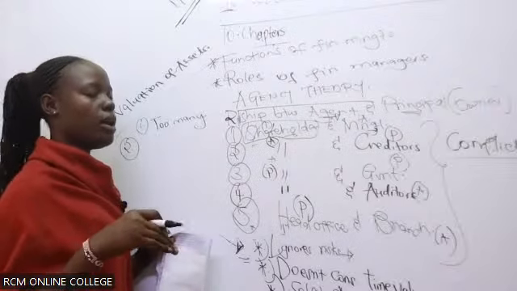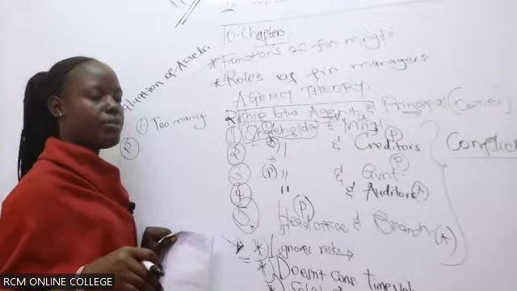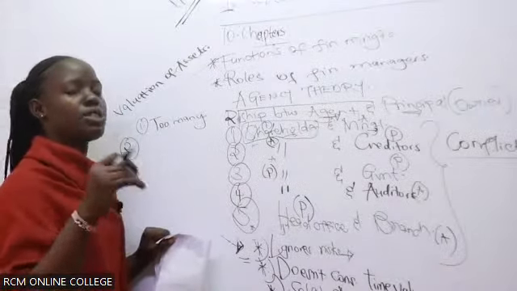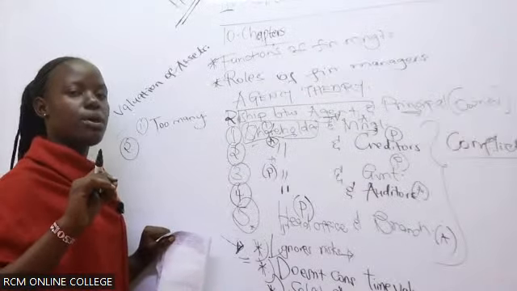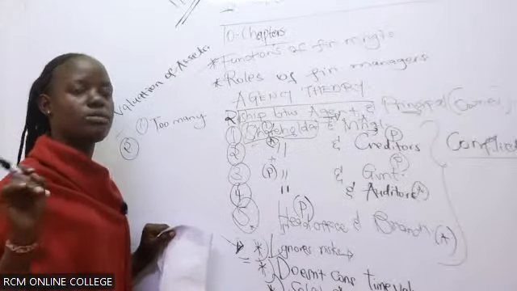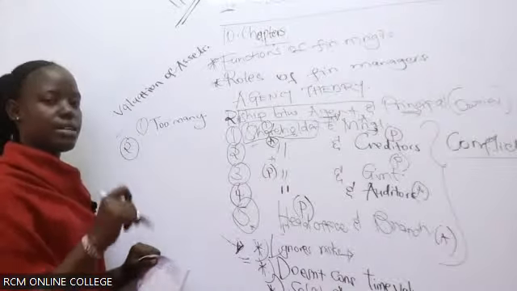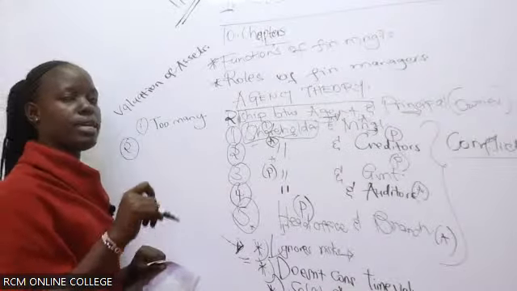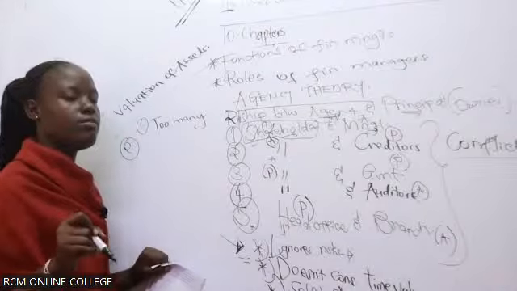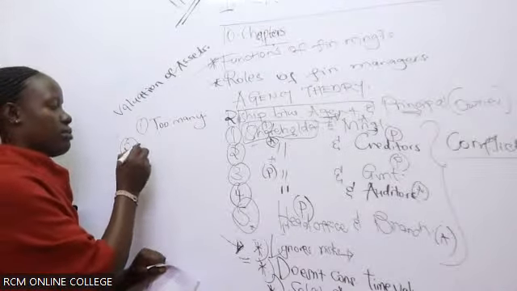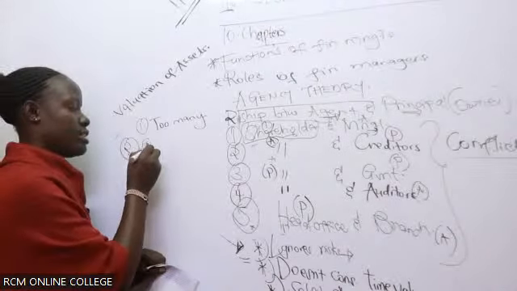Maybe a farm is in Nairobi, and we have some shareholders who reside in Mombasa or Kisumu, for instance. The farm is in Nairobi, they can't all be in Nairobi to manage this farm. So maybe they're geographically dispersed.